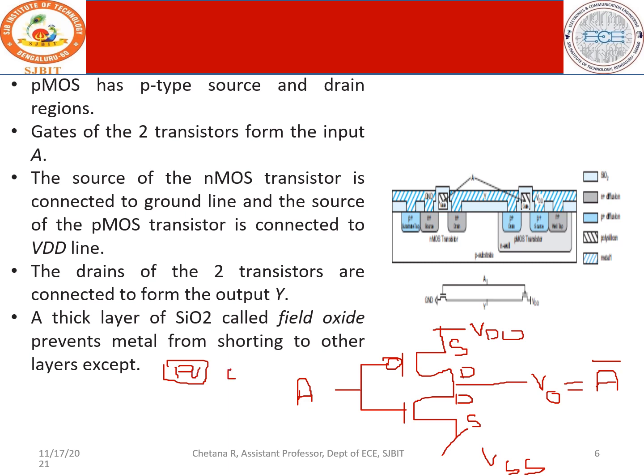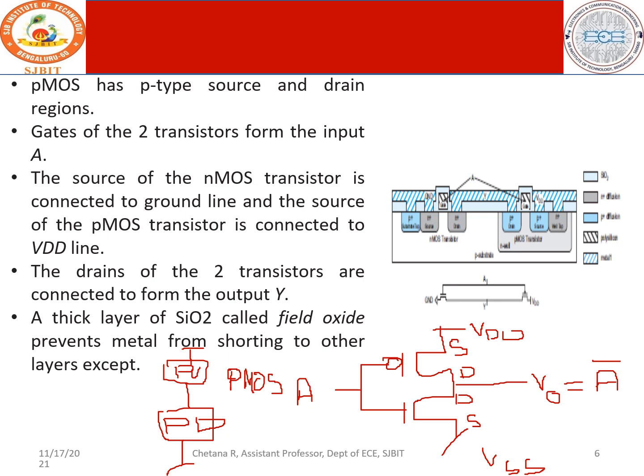In the bottom region it is your pull-down, which is your NMOS. This is your ground and this is your supply. Therefore, what is on the top region is your PMOS, and the two inputs are shorted. The PMOS source is connected to VDD, and the source of NMOS is connected to the ground line.